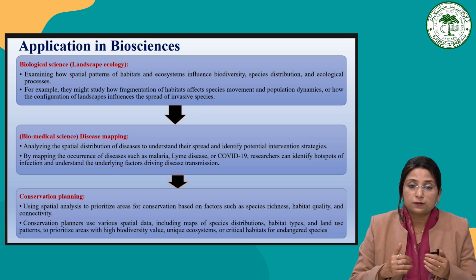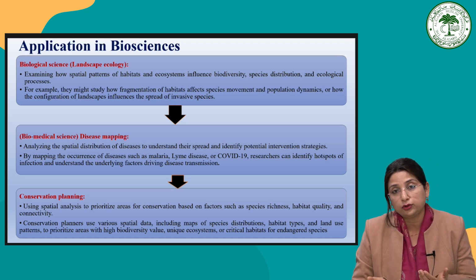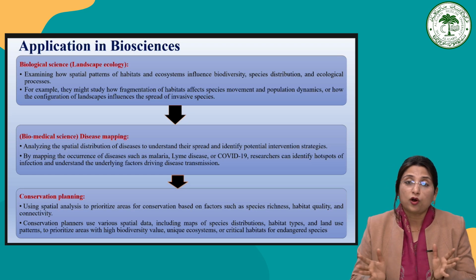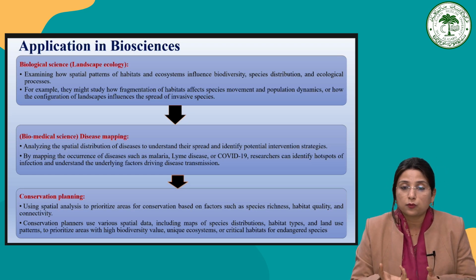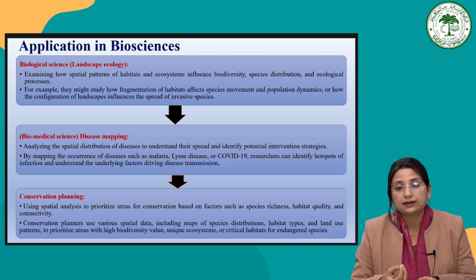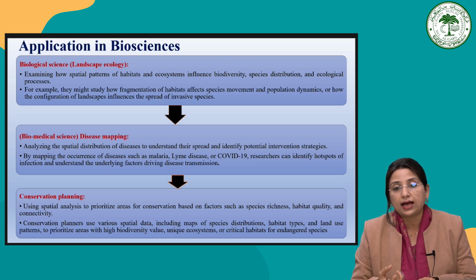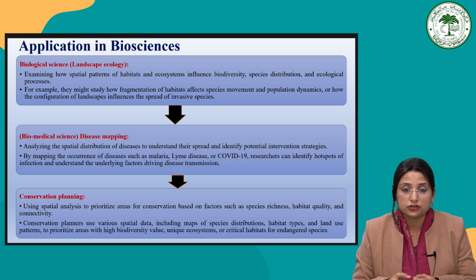They can find the spatial units, the zones having high biodiversity value. They can find the hotspots of biodiversity and the contributing factors for those hotspots. Even the planners can find out the unique ecosystems or the critical habitats of endangered species.